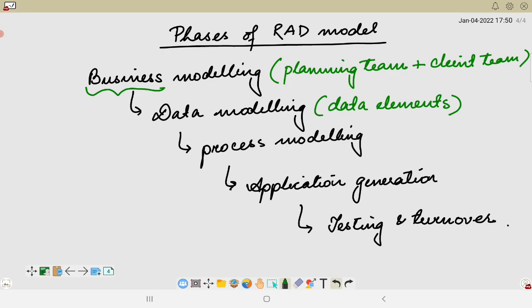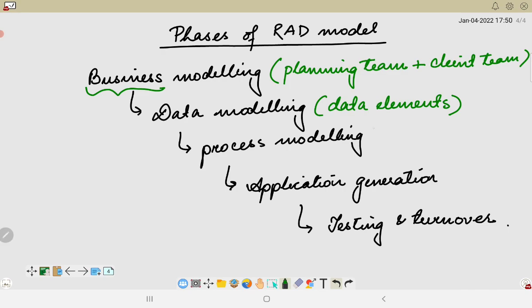The third one is process modeling. In the previous phase we have already sorted out the data elements. Here all the data objects gathered in the data modeling phase are transformed into required useful information.